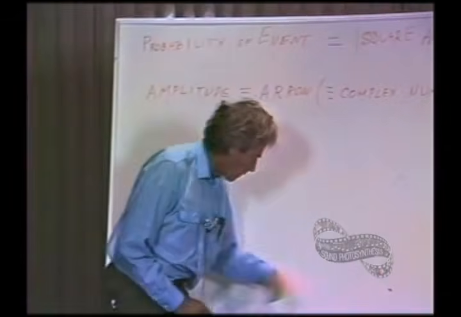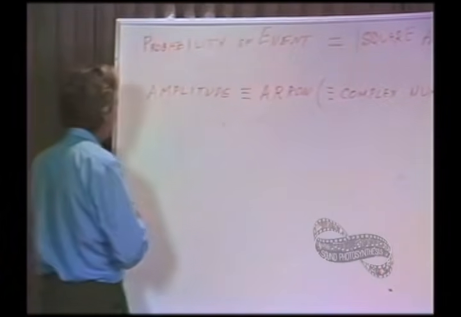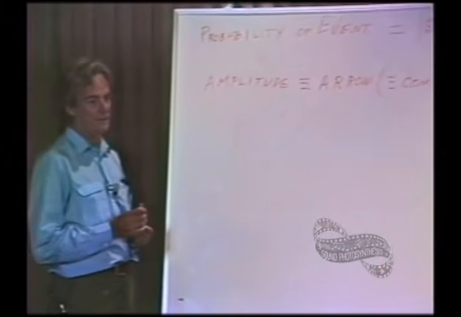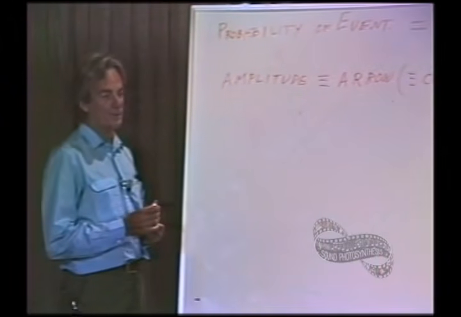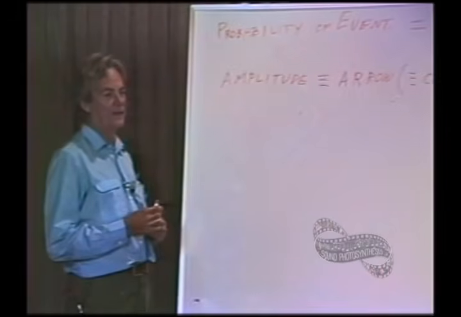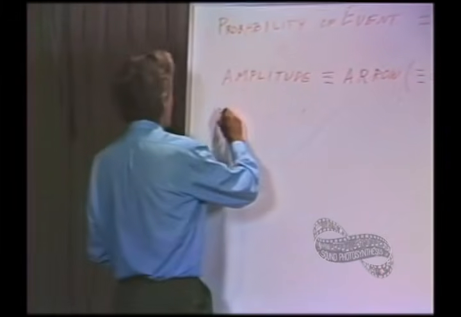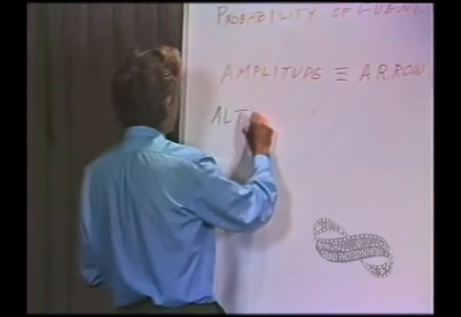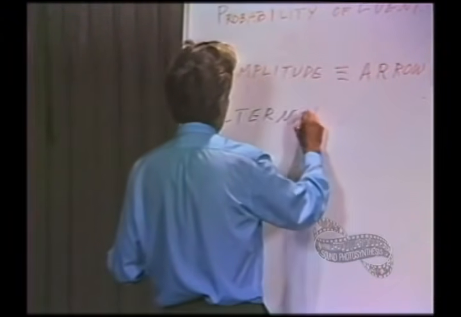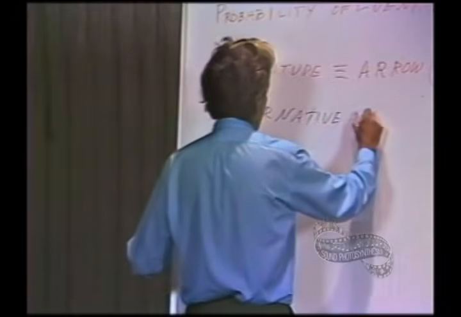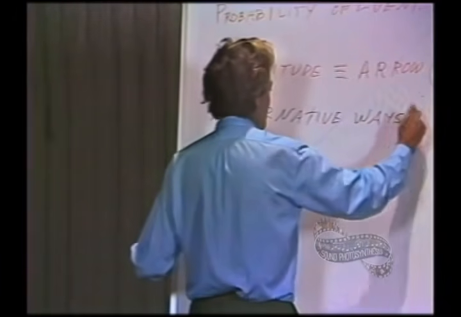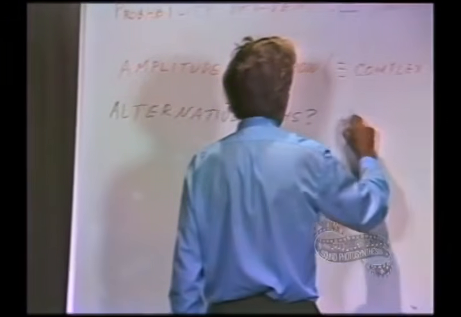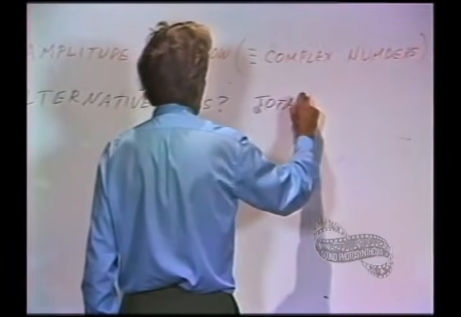The first one of the rules is that if a thing appears to be able to happen in more than one way, then we find the amplitude for each way and add. So I summarize that idea in shorthand by saying apparently alternative ways, total amplitude, or final amplitude.